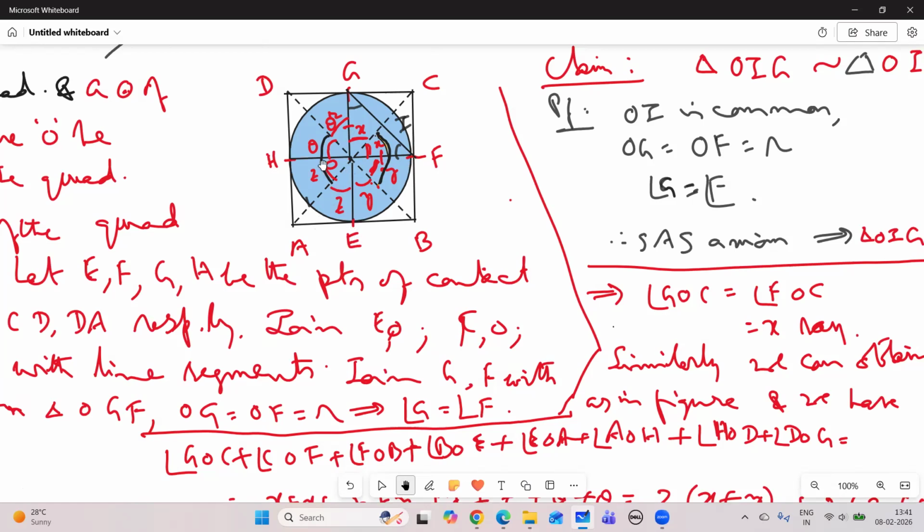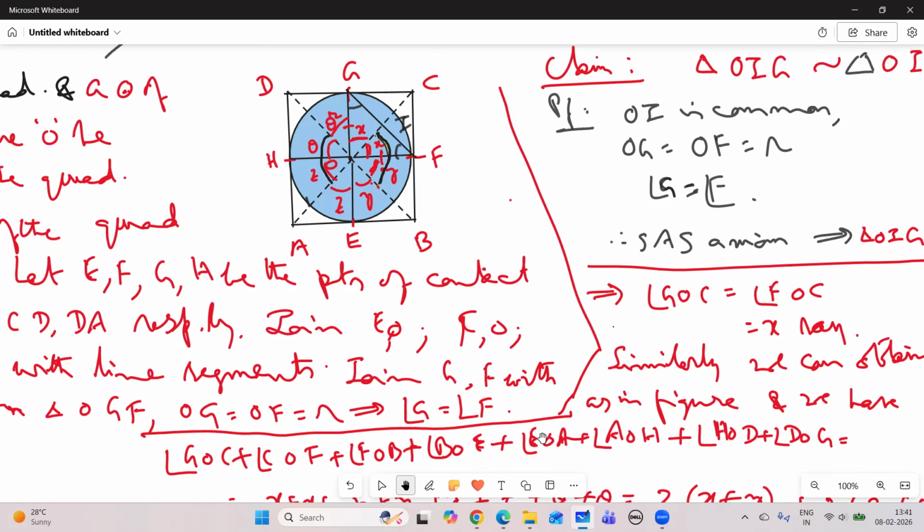Similarly, the angle between this radius and the line segment joining A with O is equal to this angle made by AO with this radius, which is passing through the point of contact, capital E. So these two are equal. Say they are equal to z. Similarly, these two angles, angle DOH is equal to angle DOG. Say it is theta. Now, all these 8 angles form a complete angle at the center.